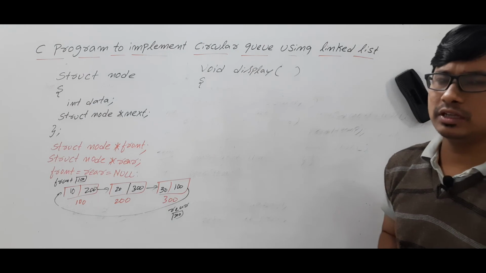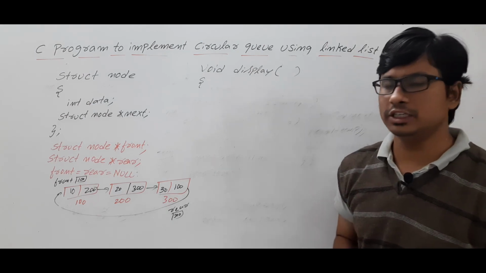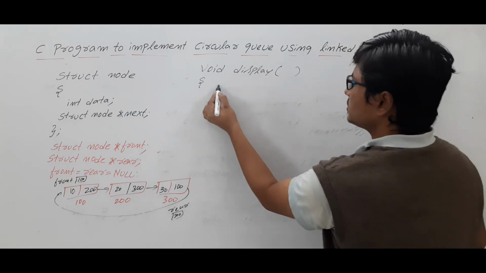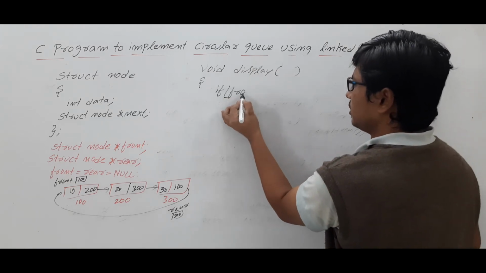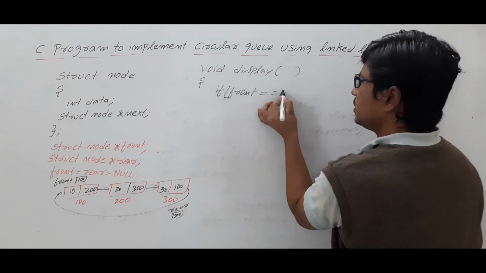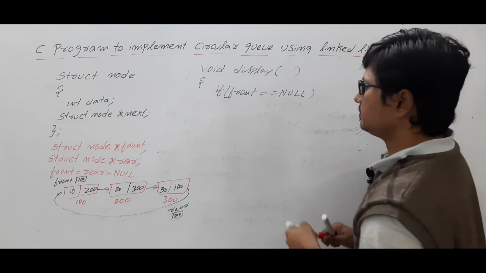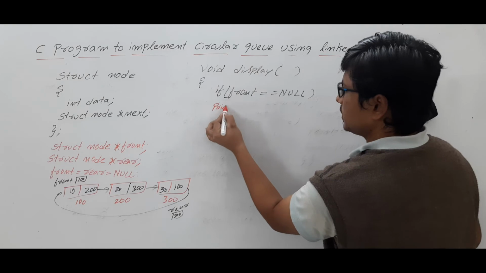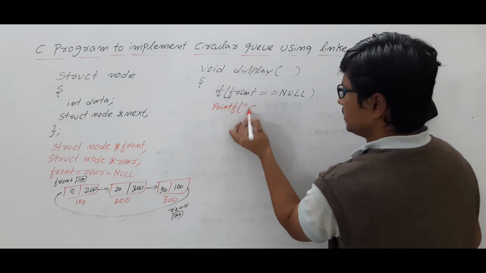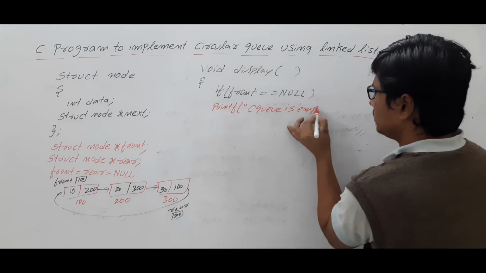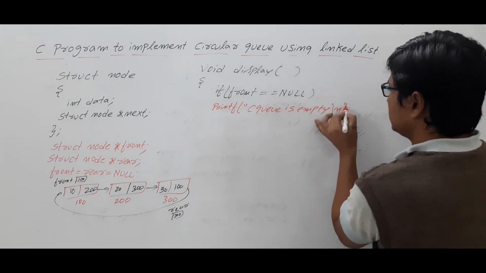If the queue is empty, there are no elements in the circular queue, so you will display that the circular queue is empty. How can you check? Front is equal to null. Then you will display circular queue is empty. Okay, is it clear for you?